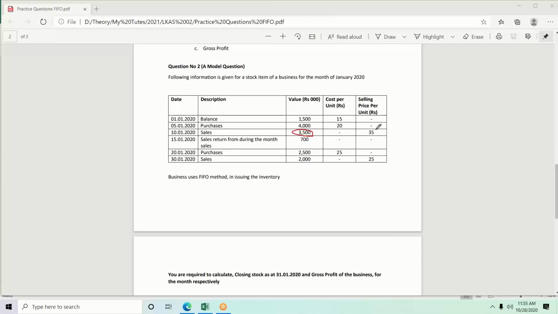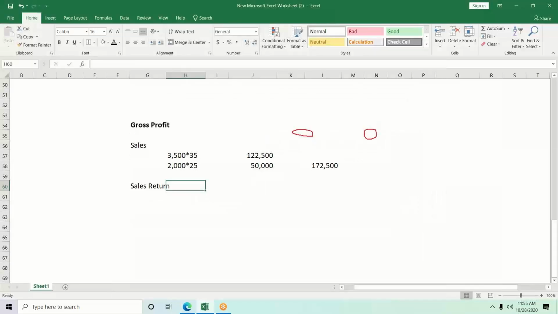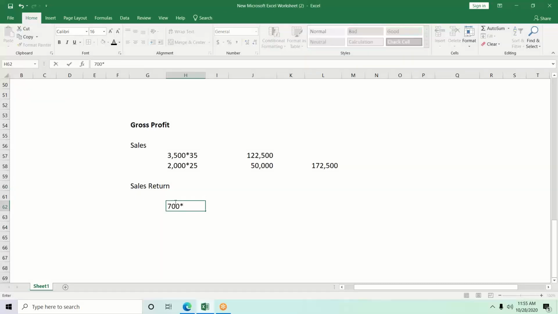That 3,500 units you sold at 35. And Putha, the sales return also you need to record at 35. The sales return should be 700 units into 35, which is 24,500.